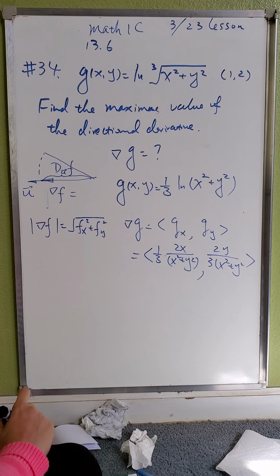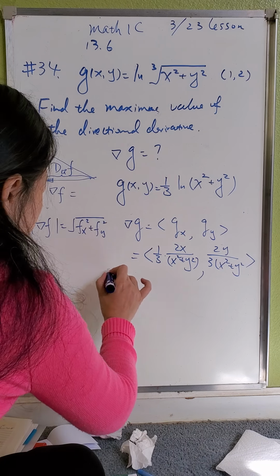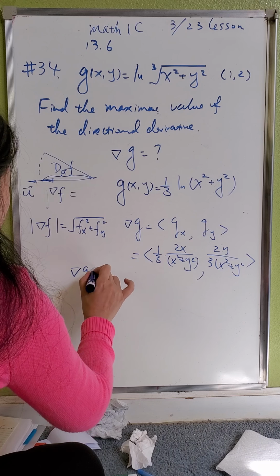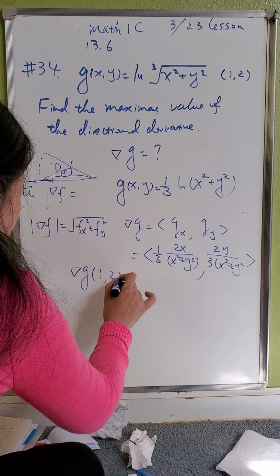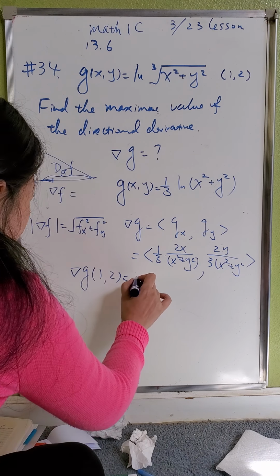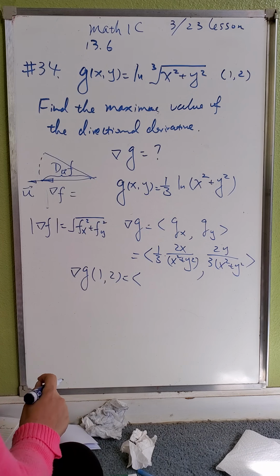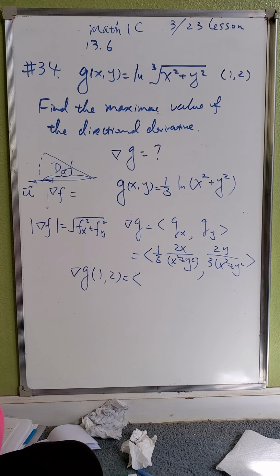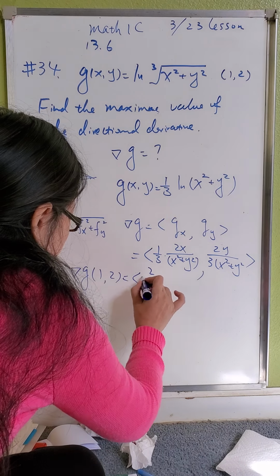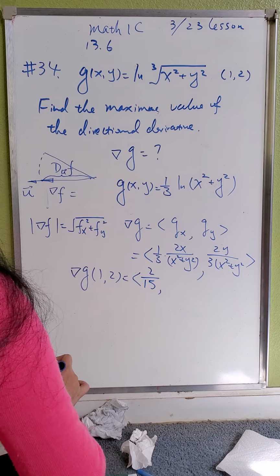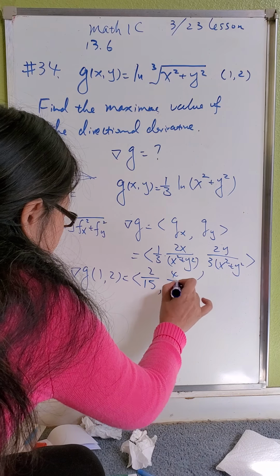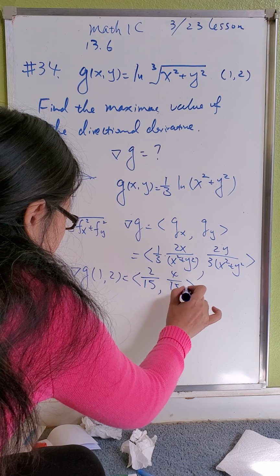Now we're just going to put the points inside. When you put the points inside, you've got to write it, okay? Cannot be lazy on this part. And when I put the 1 inside and I calculate, to save time, it's just equal to 2 over 15. And another one is equal to 4 over 15. Okay.